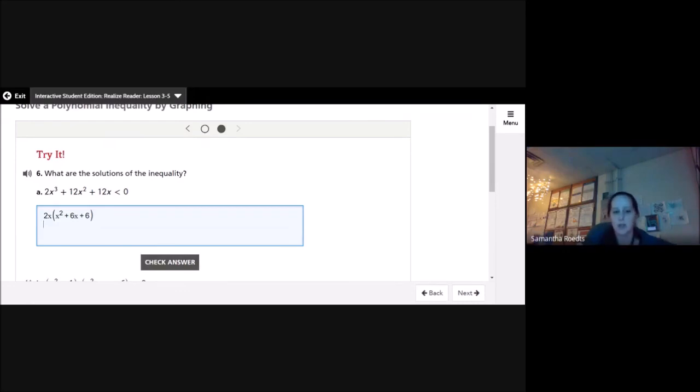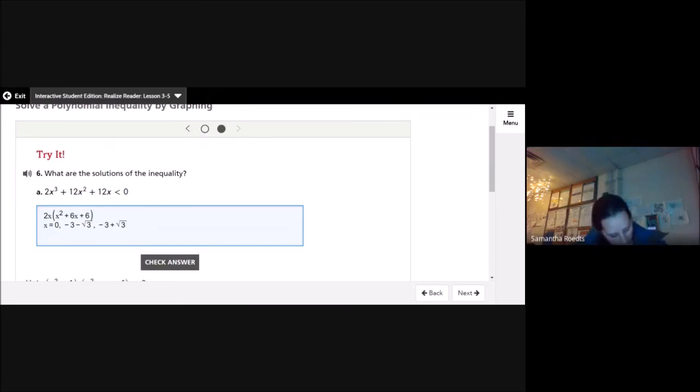So when I do that, I'm going to get 2x, so x equals 0, and then -3 minus the square root of 3, and -3 plus the square root of 3.